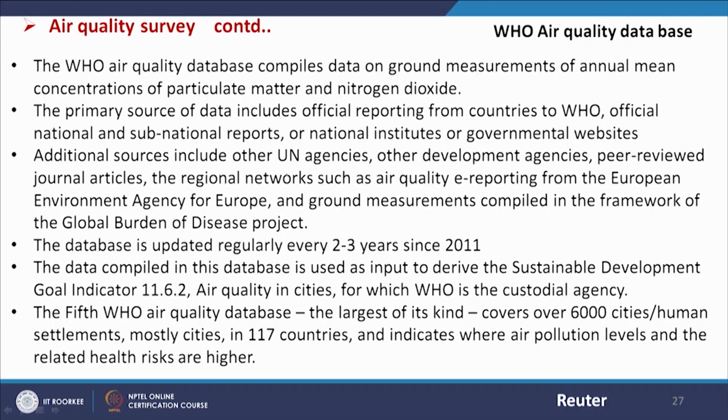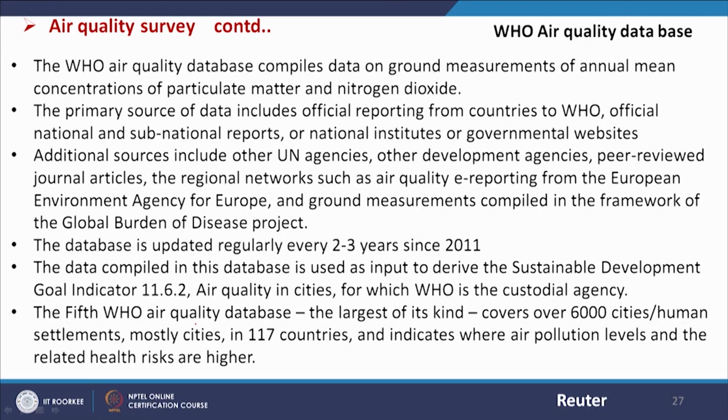Additional sources include other UN agencies, other development agencies, peer-reviewed journal articles, regional networks such as air quality e-reporting from the European Environment Agency for Europe, and ground measurements compiled in the framework of the Global Burden of Disease project. The database has been updated regularly every 2-3 years since 2011. The data compiled in this database is used as input to derive the sustainable development goal indicator 11.6.2, that is air quality in cities, for which WHO is the custodian agency.